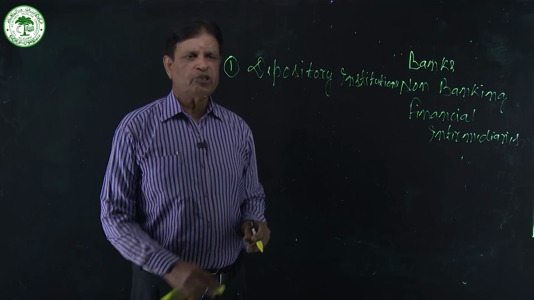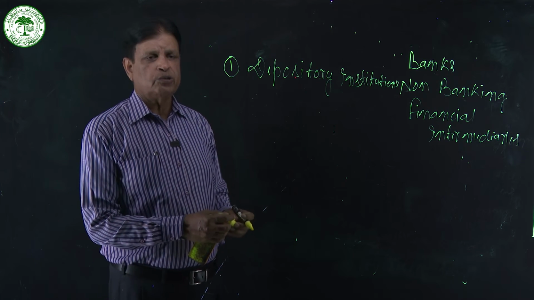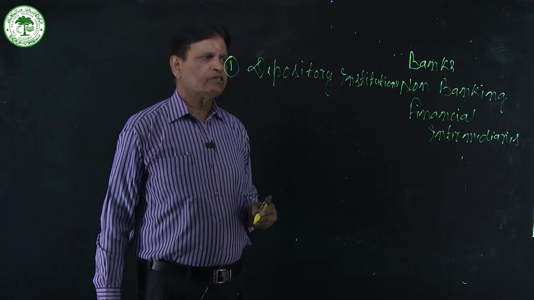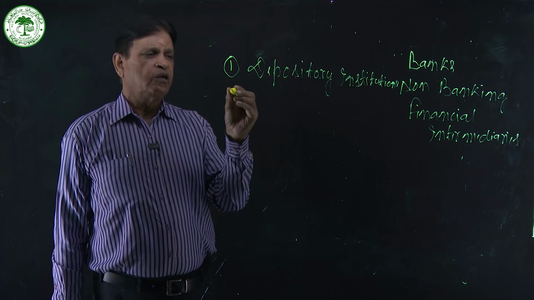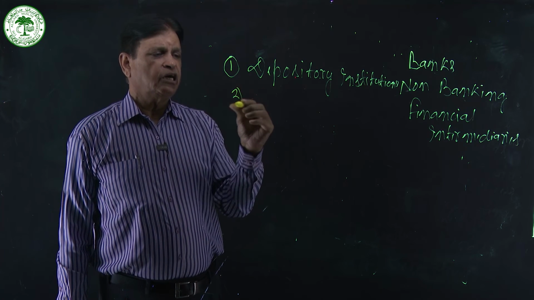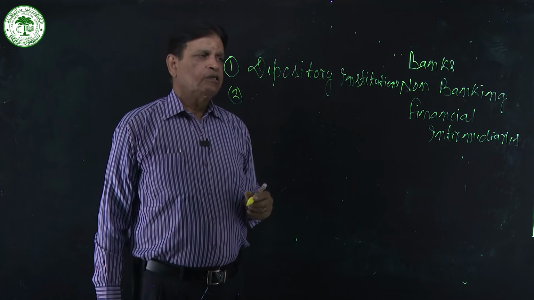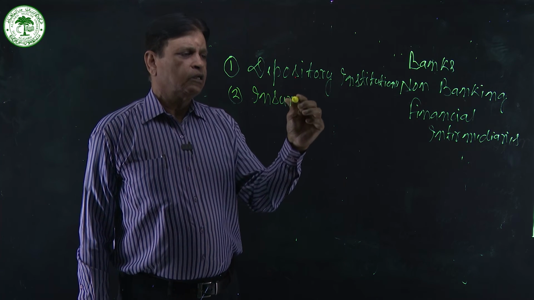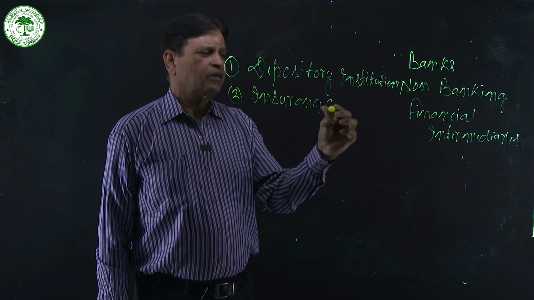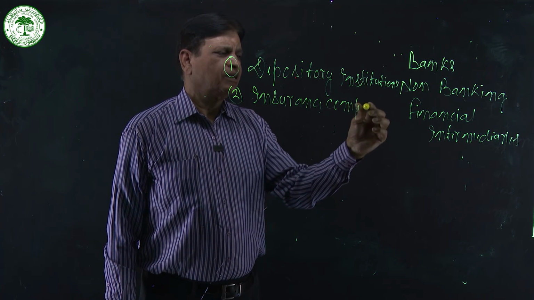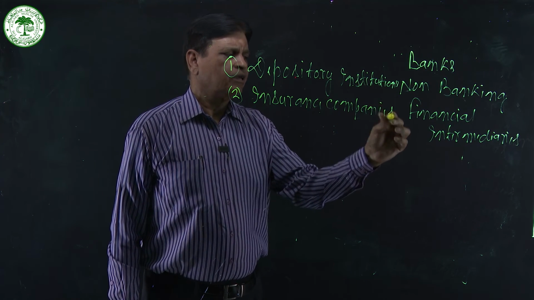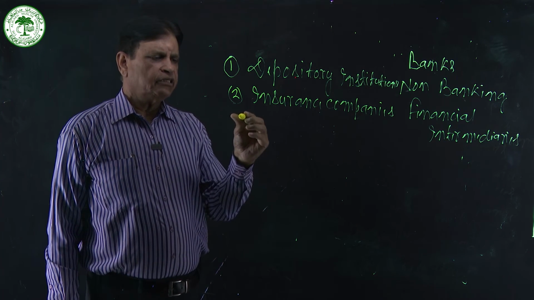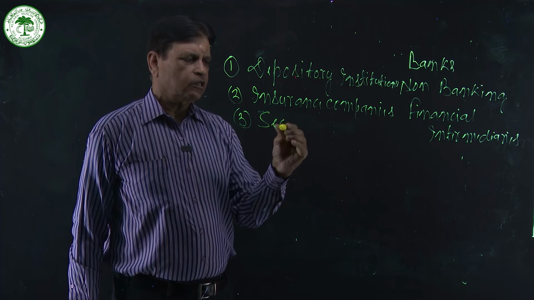All these deposit-taking institutions are categorized as depository institutions. Then we have another type, insurance companies, which we have already discussed.